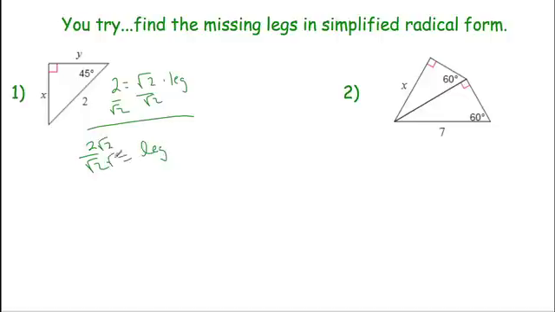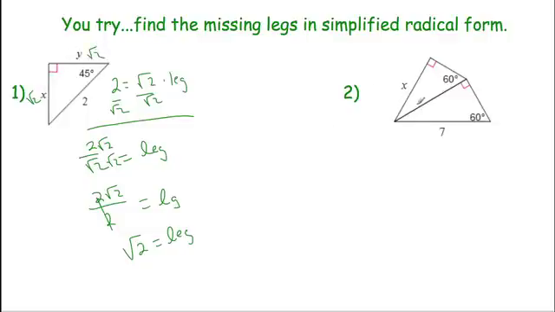Rationalize it. 2 radical 2 over radical 2 times radical 2 is radical 4, which is 2. Those cancel, so I'm left with radical 2.